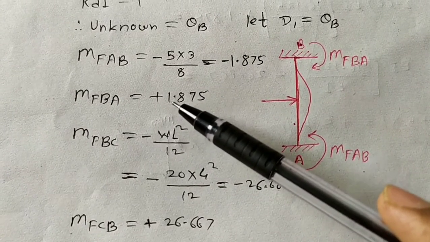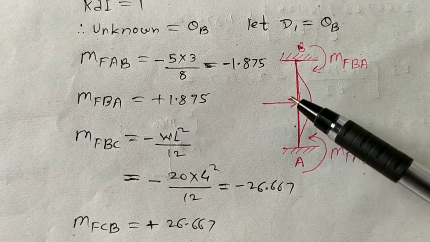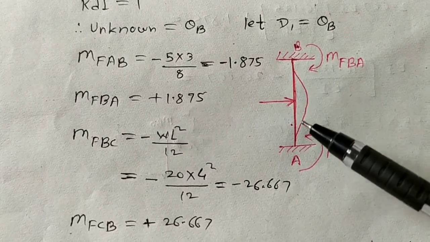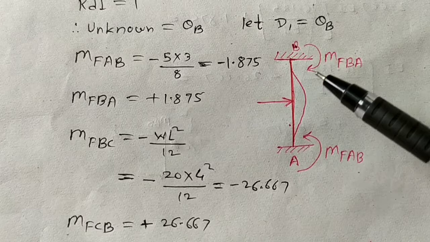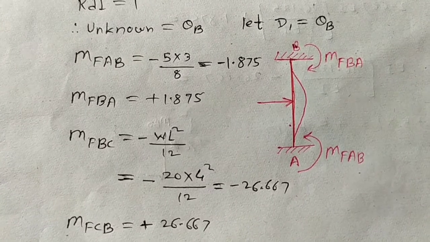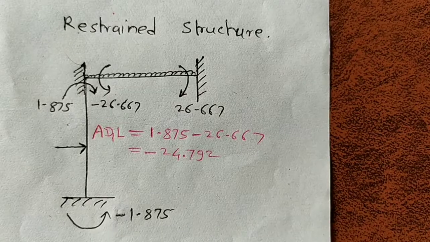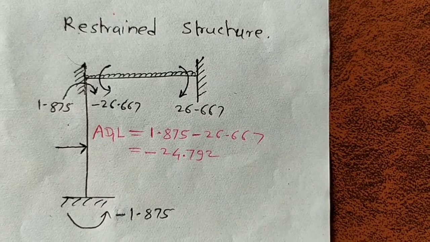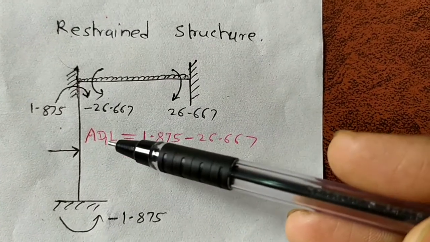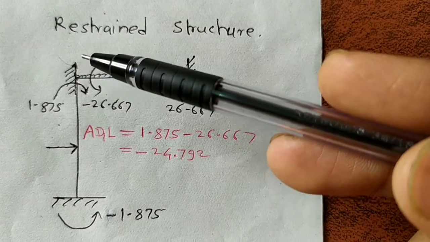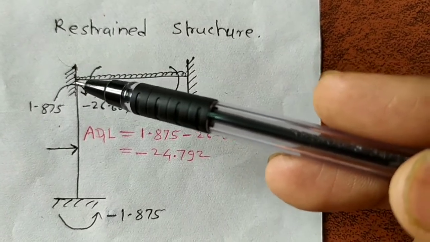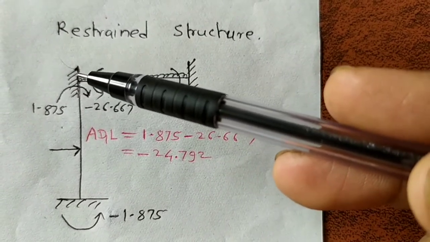So when the load is applied on a column, we have to draw a deflected shape. Based on this diagram, we decide the direction, clockwise or anti-clockwise. This diagram is drawn because of loading. This is joint B, and at joint B we have taken the unknown.